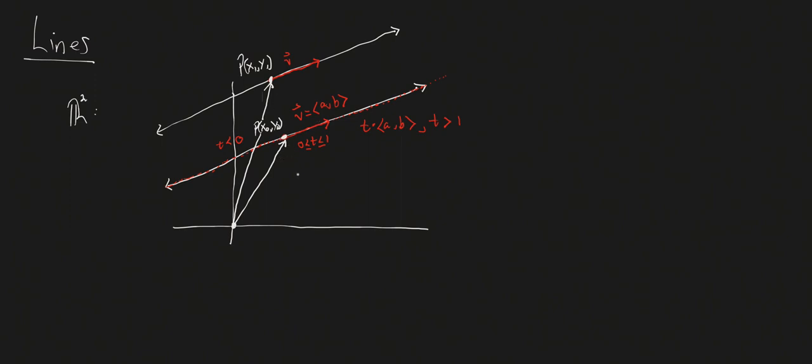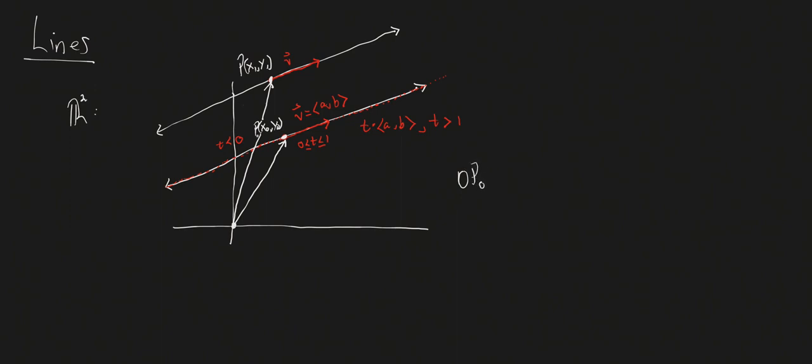So let's see if we can write this down. With a single vector, I am going to come up with a vector that will generate all the points here. So first, let's go from our origin to P0.